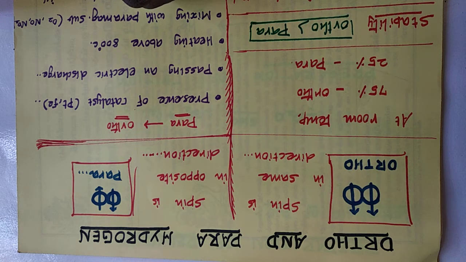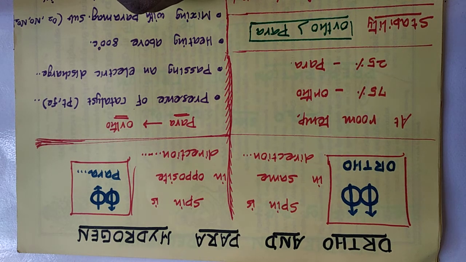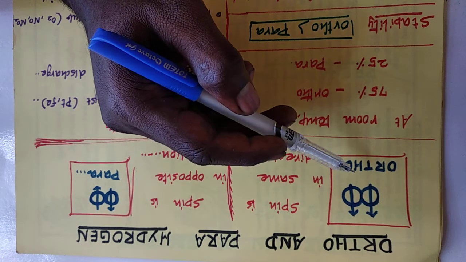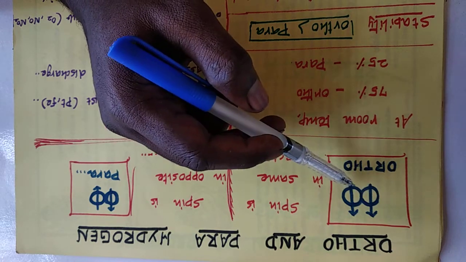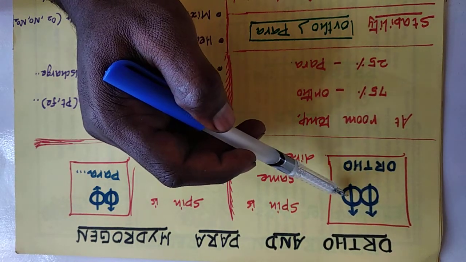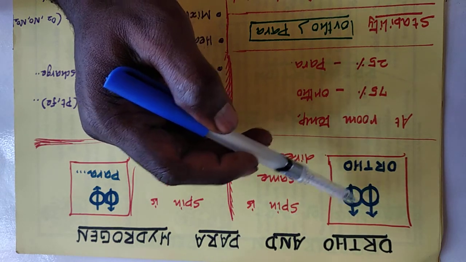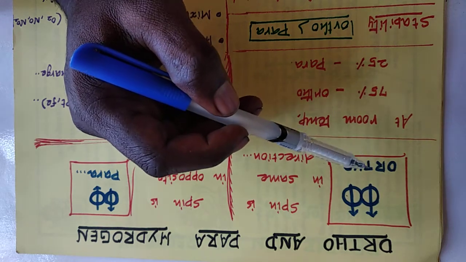And about the spinning of the nuclei, we can have two types of hydrogen. Those are ortho and para hydrogens. So about them we are going to discuss now. What is called ortho and what is called para hydrogen? Look at this picture first, students. These two balls represent hydrogen atoms. It is one hydrogen atom and it is another hydrogen atom, and the arrows are in the same direction, which means they are spinning in the same direction.